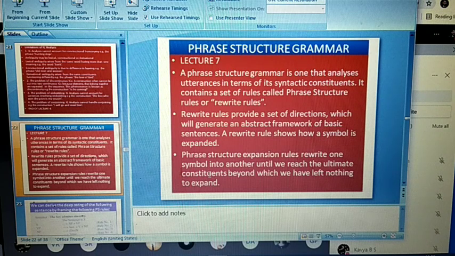A sentence can have different phrase structures. You are depending on some rewrite rules, like immediate constituents in a sentence, you have phrase structures or different rewrite rules to explain a sentence.